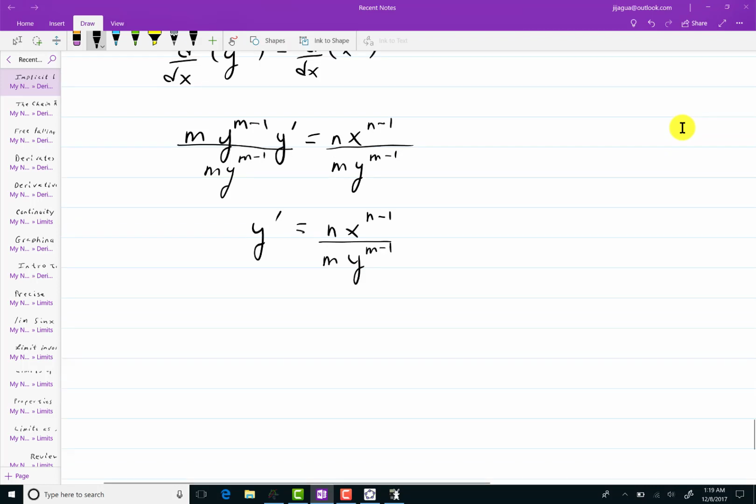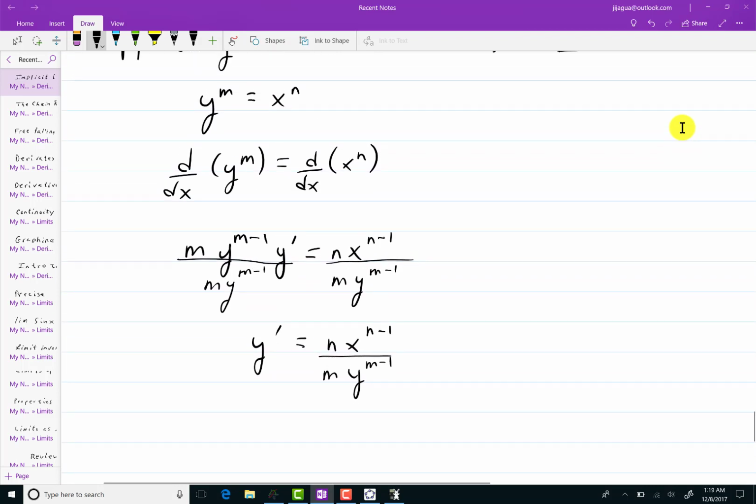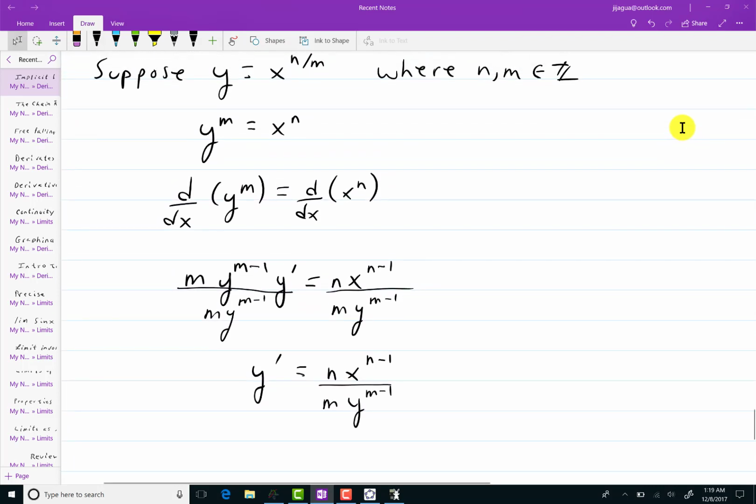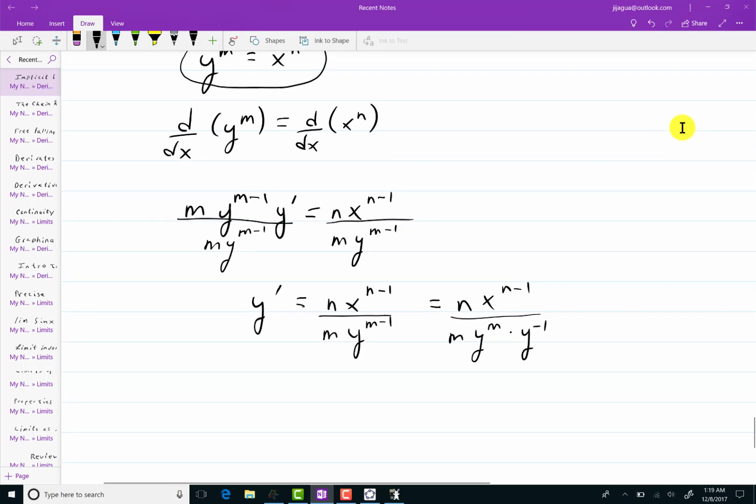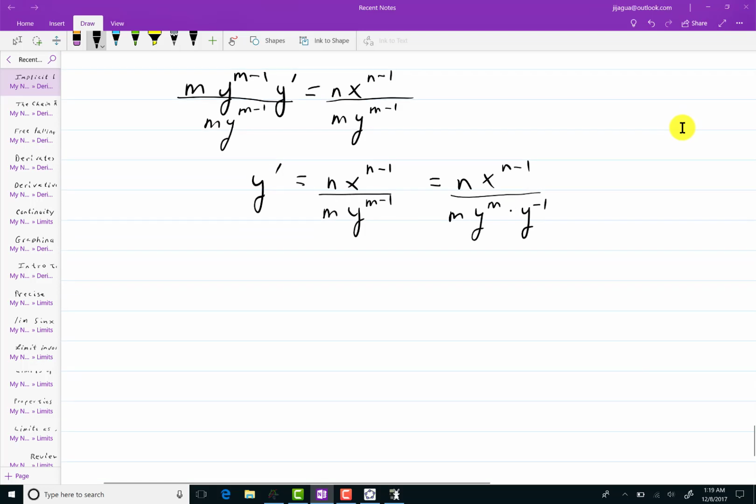Now let me go back. What was y to the m equals x to the n? So let me come over here. This is nx to the n minus 1. I'm going to leave that alone for a minute. y to the m times y to the negative 1. y to the m, I just put it up there as x to the n, so I'm going to change this to n x to the n minus 1 divided by m x to the n y to the negative 1.